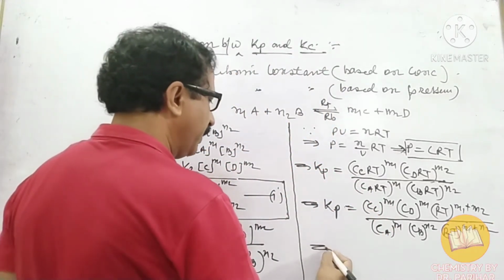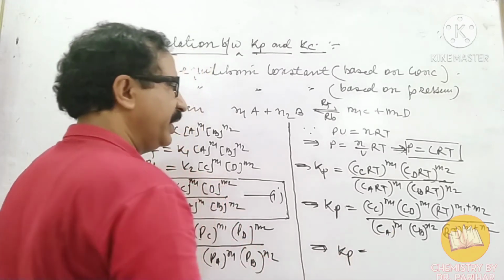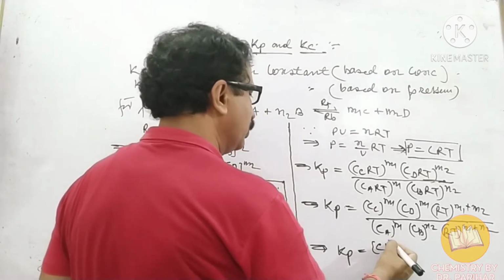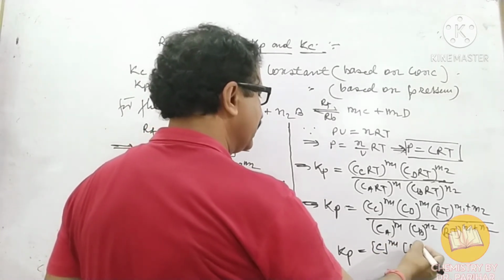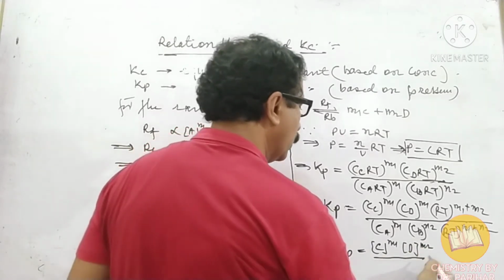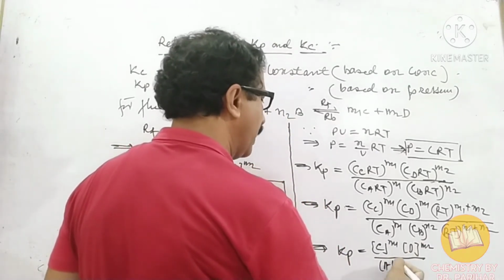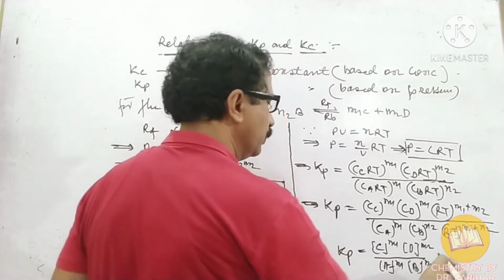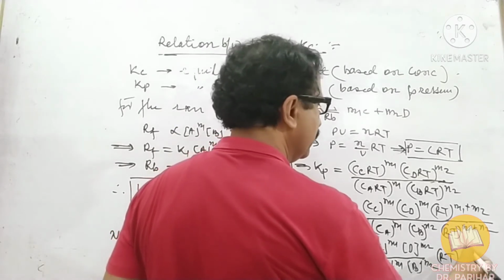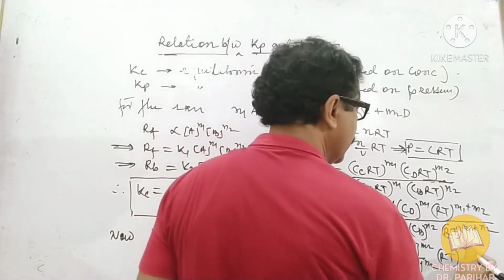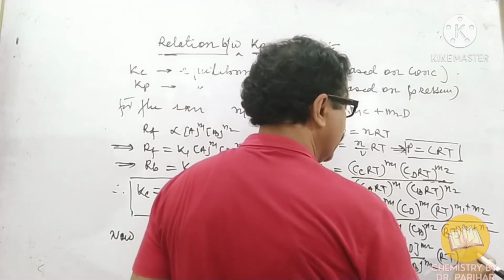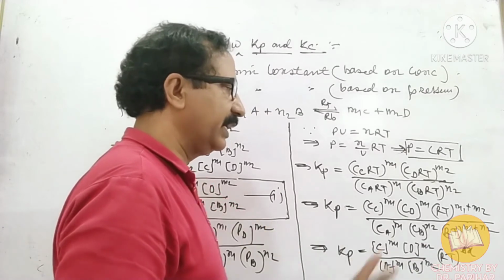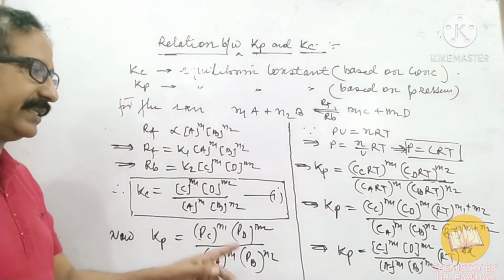Okay, which implies Kp is equal to concentration of C to power m1, concentration of D to power m2, whole upon concentration of A to power n1, concentration of B to power n2, and RT to power delta n. We write here RT to power delta n.